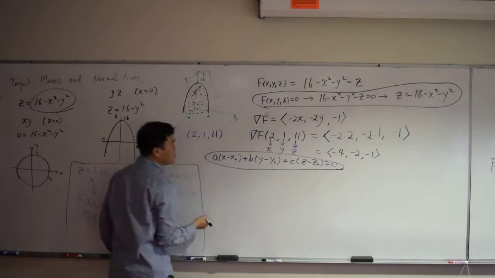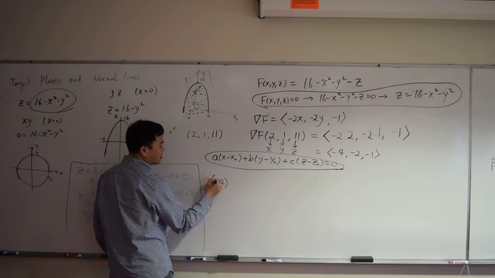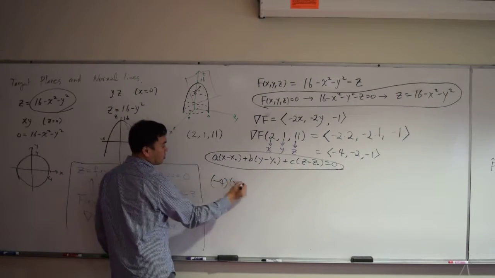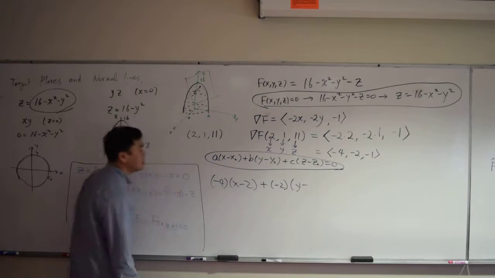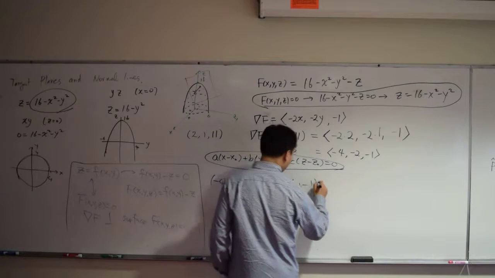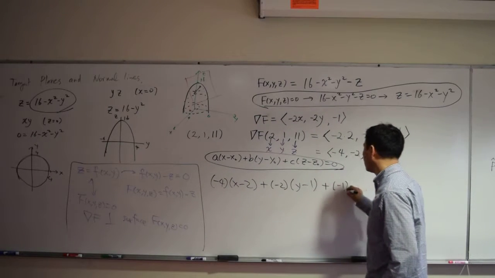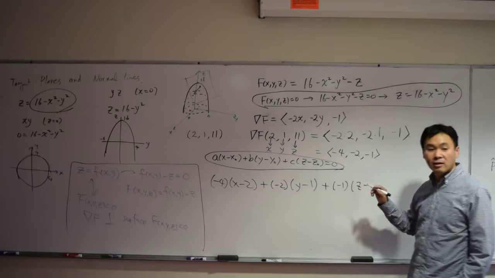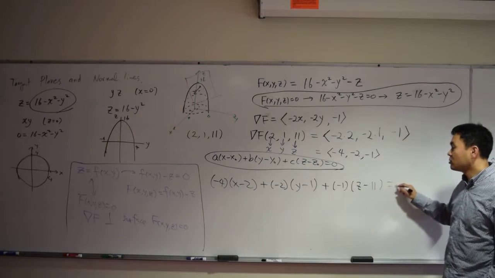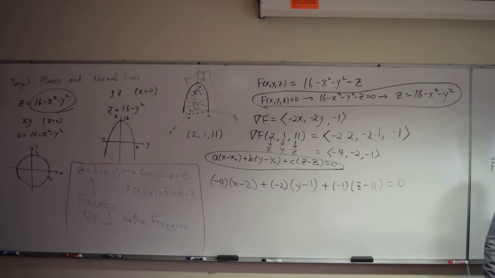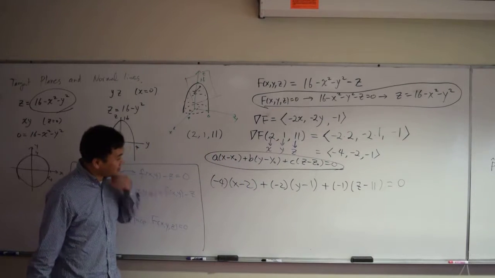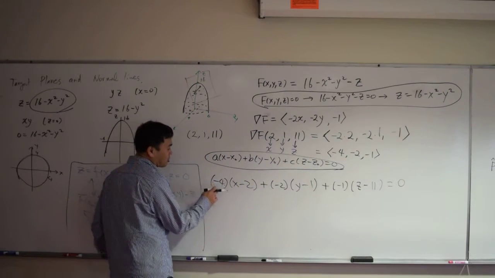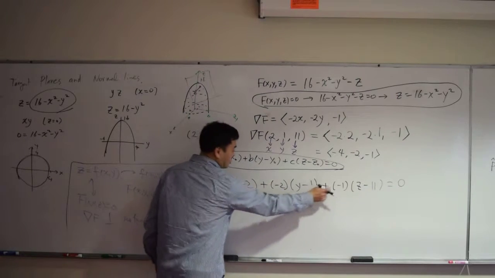So if we use that here, it's negative 4 times (x minus 2) plus negative 2 times (y minus 1) plus negative 1 times (z minus 11) equal to 0. So that's the equation. If you wanted to further simplify this, I would multiply by negative 1 so I get rid of the negatives.